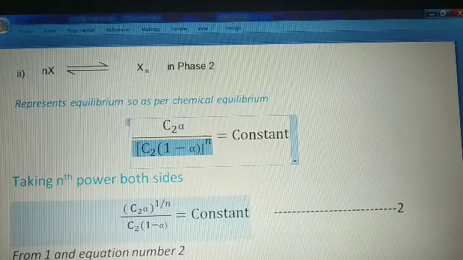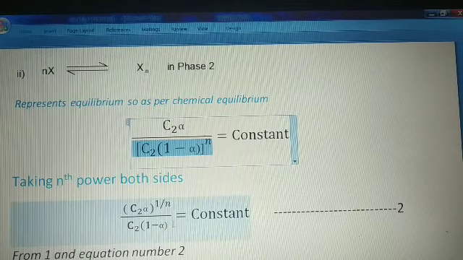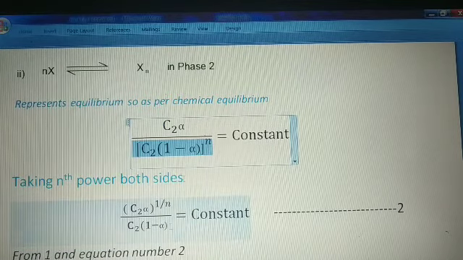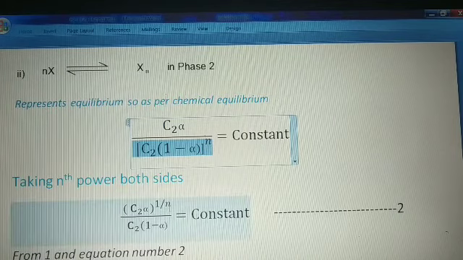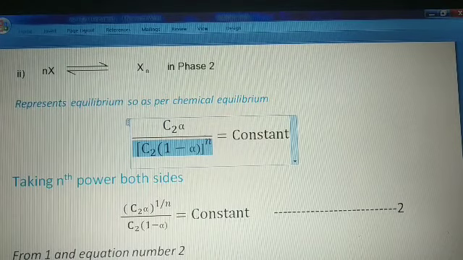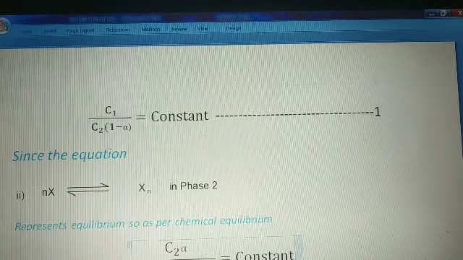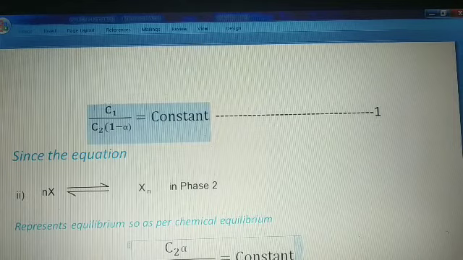Simplifying, taking the nth power on both sides, the n goes from the denominator, but on the upper side it becomes the 1 by n power, equal to a constant. So this is equation 2, and equation 1 is what I wrote for the Nernst distribution law.